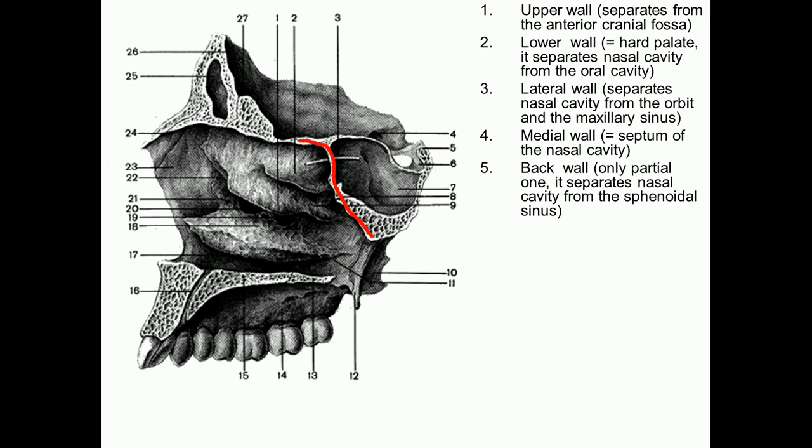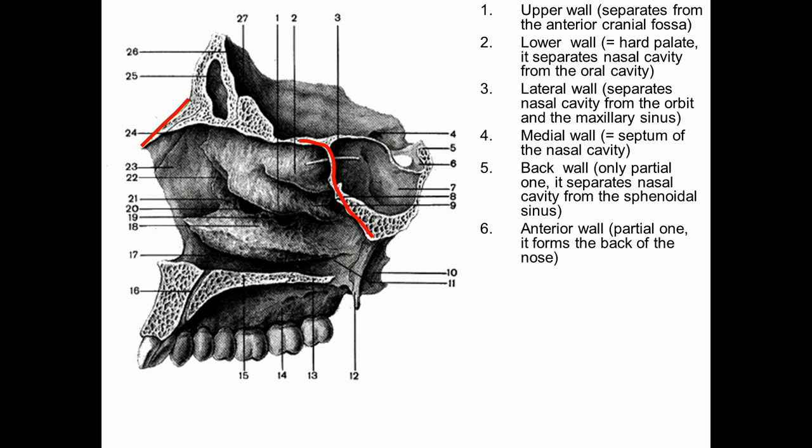So the inferior part of the posterior wall, or back wall, is formed by corpus ossis sphenoidalis and the choana, but the choana is a space, not a bony wall.